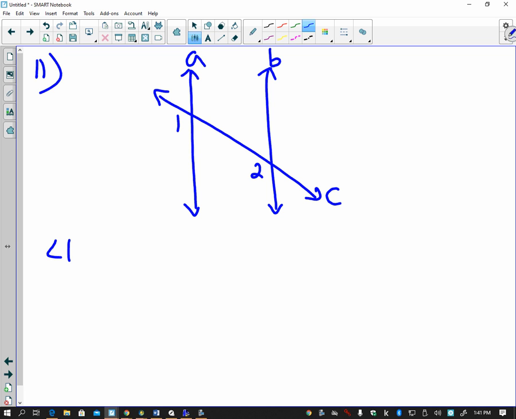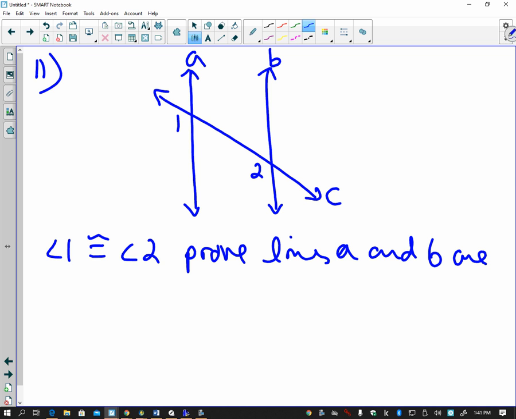Angle 1 is congruent to angle 2. Prove lines A and B are parallel.